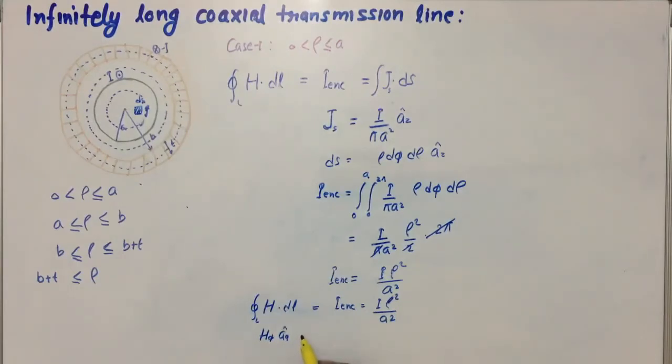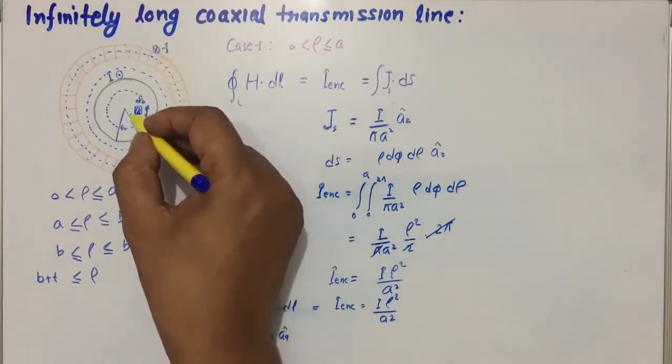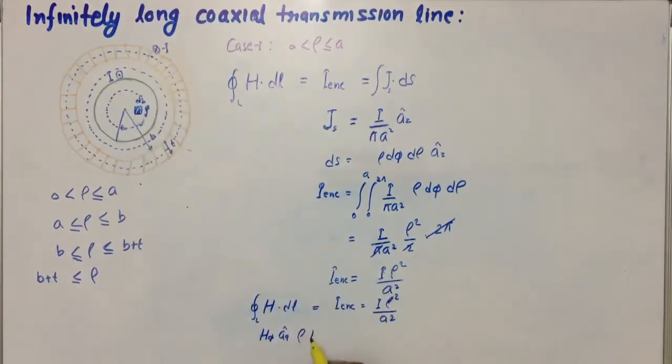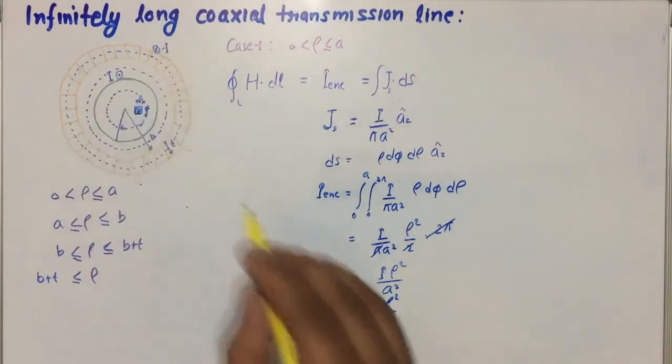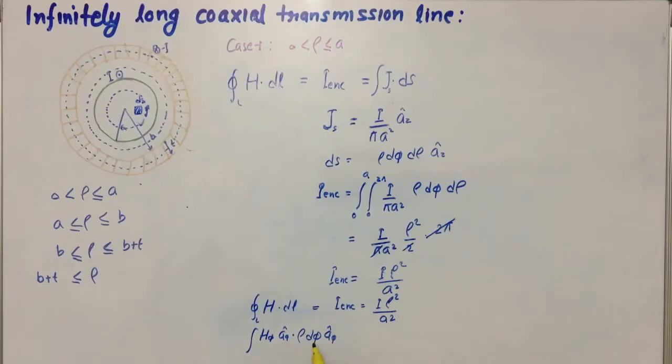So dl will be rho d phi. The dot product in the direction of a phi gives us 1. It should be H phi rho d phi. For a full closed path it will be 2 pi. So combining all, it will be H phi 2 pi rho. If you solve this for the full loop, it will be equal to I rho square by a square.